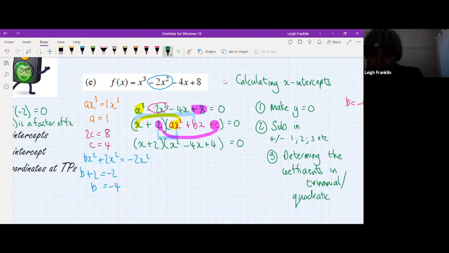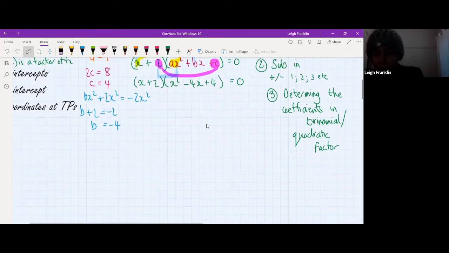It could be a difference of squares. So that's the third thing that we need to do. The fourth thing that we're going to do is factorize our quadratic factor.